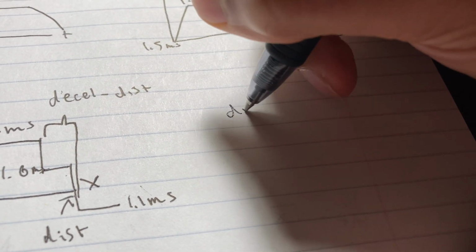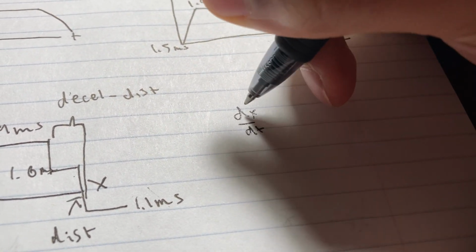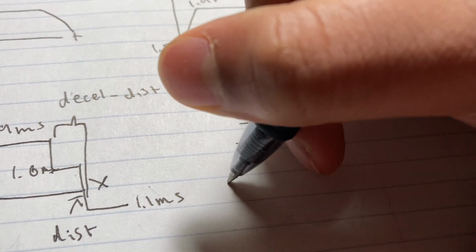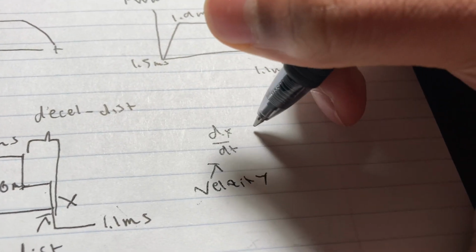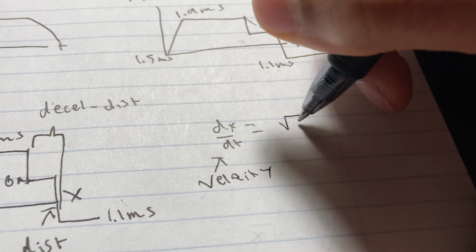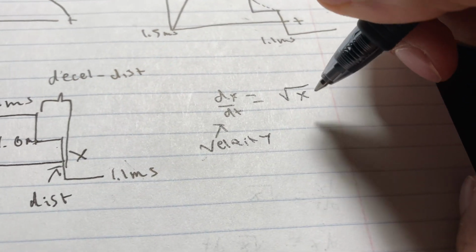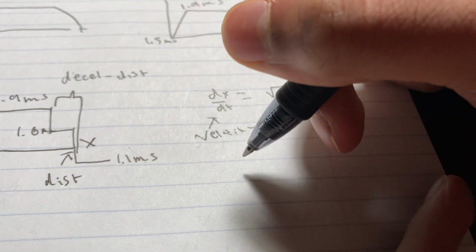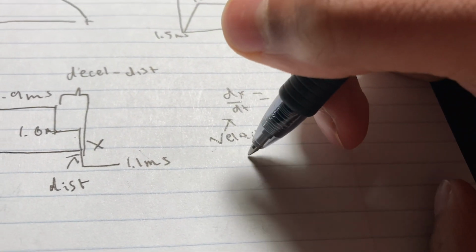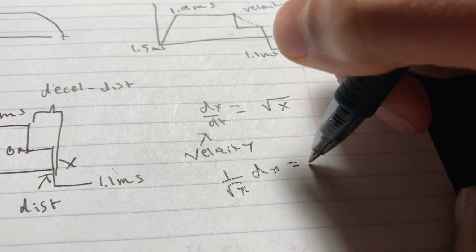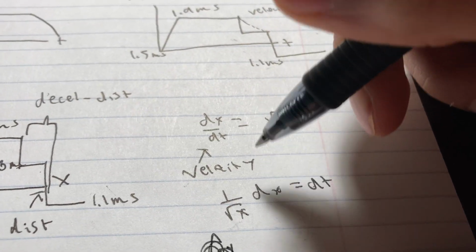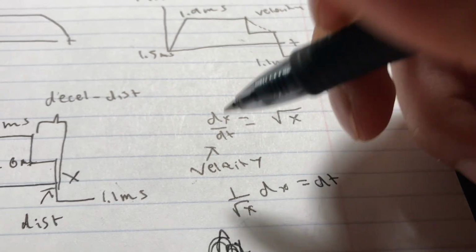So we can use dx/dt, which is just velocity, and we say this is equal to square root of x. You can reorganize this such that you get 1 over square root x dx equals dt.